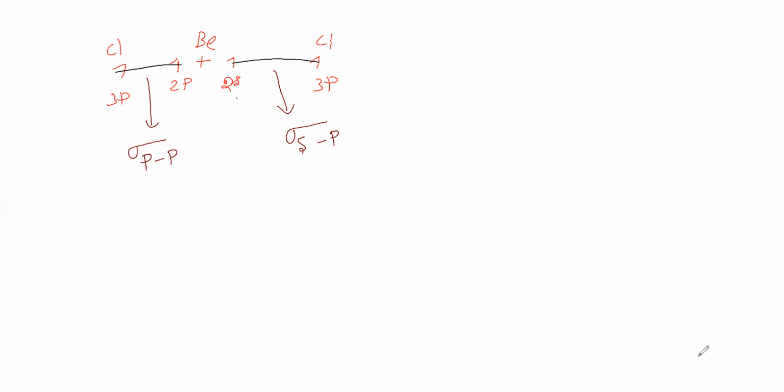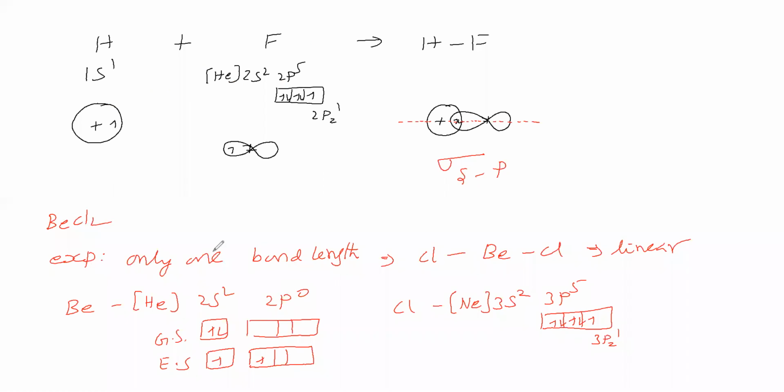That means the pure orbital overlapping concept from valence bond theory is unable to explain this experimental fact. So now we will take another molecule.